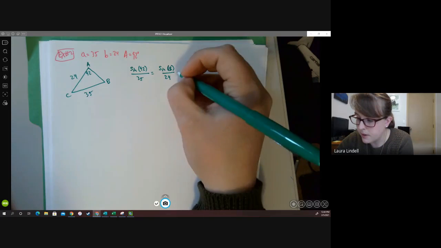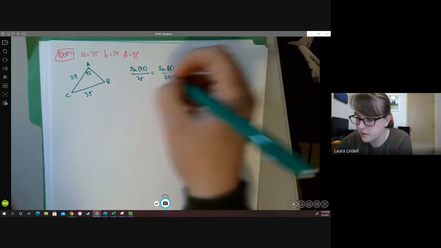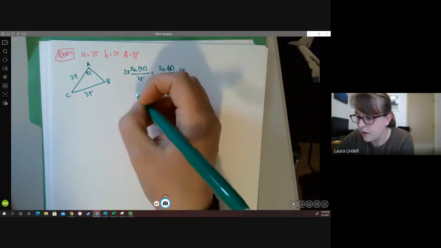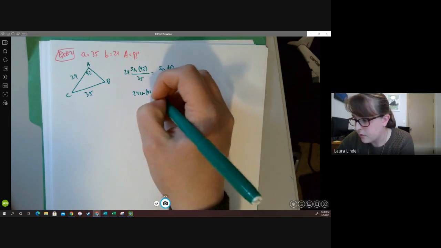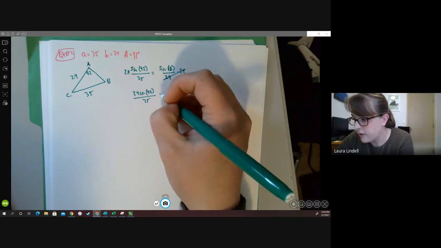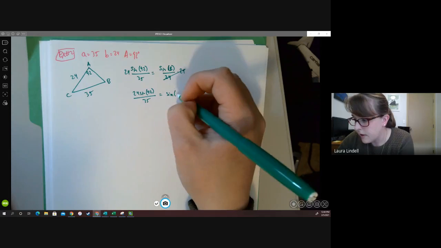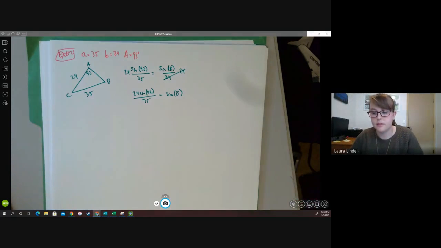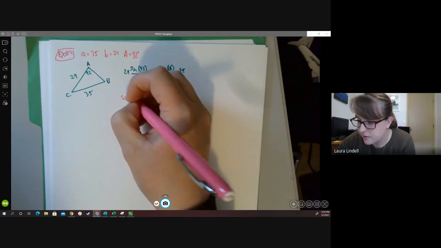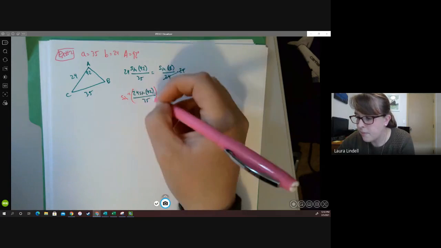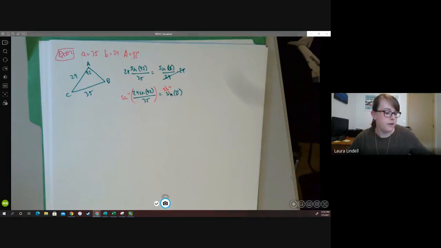So we'd multiply by 24 on both sides, and we get 24 sine of 92 over 35 equals sine of angle B. Then we take the inverse sine on both sides, and we type this into the calculator.